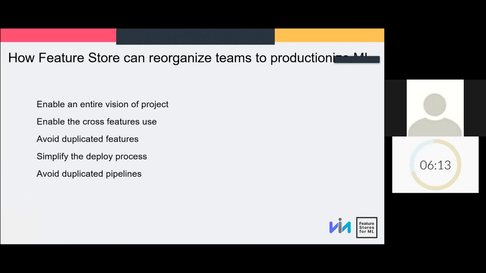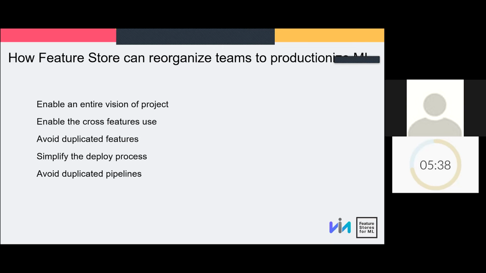So now let's talk about how the feature store can reorganize teams to productionize machine learning models. The first one: the feature store enables an entire vision of the project. When you have a feature store in your environment, it enables an end-to-end project vision. You will see all your data sources, all the pipelines that compose your features, and all the transformations that you did with your data to build your features.